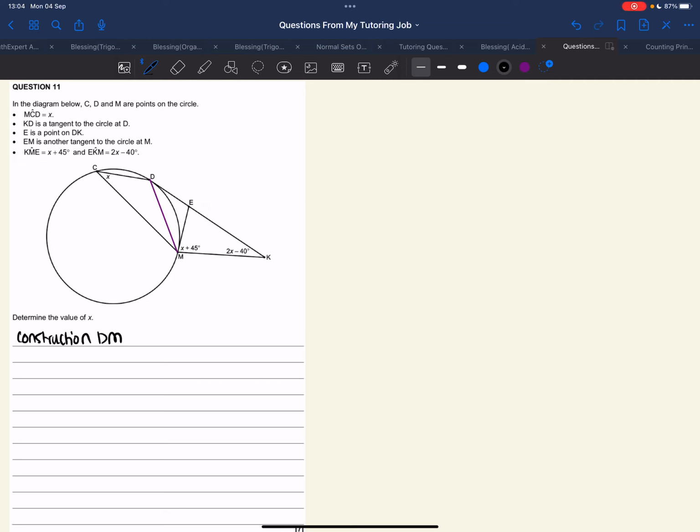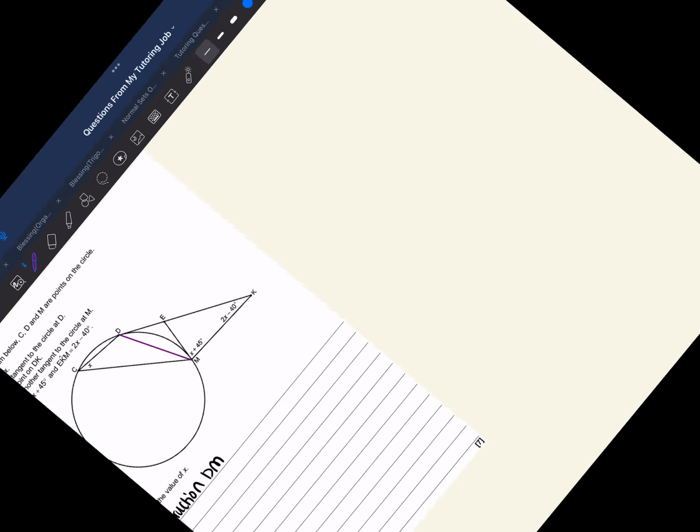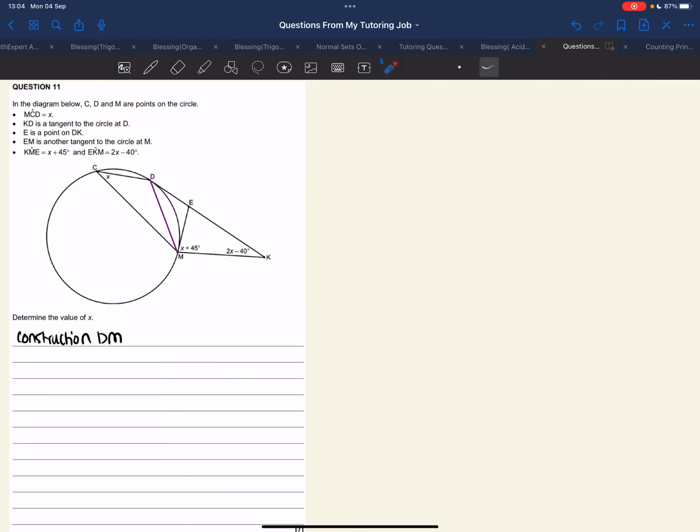Now the reason why I'm saying that we had to do a construction of DM is that we're going to use the tangent-chord theorem. Now according to the tangent-chord theorem, can you see that if you take this and you go there, can you also see that angle MDE is going to be equal to that one?